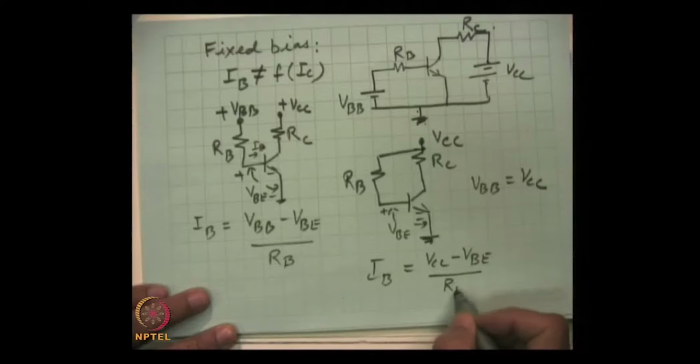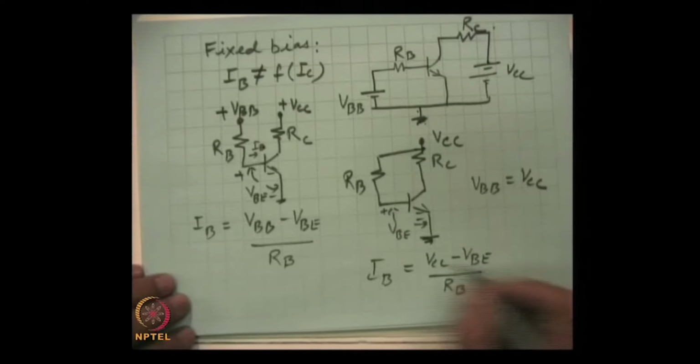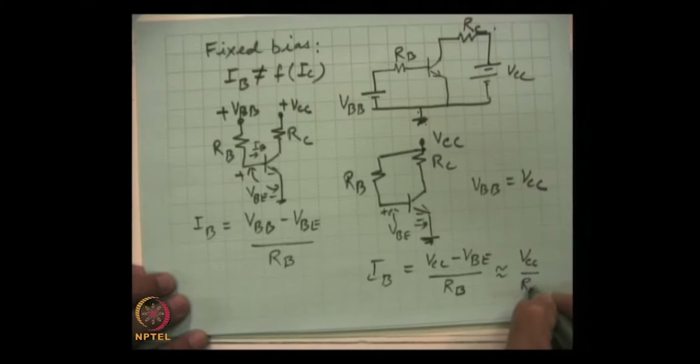divided by RB. VCC is 5, 10, 15 volts. This VBE voltage is very small. So, in many situations this can be neglected, and then this IB will be approximately, very closely actually, equal to VCC by RB.